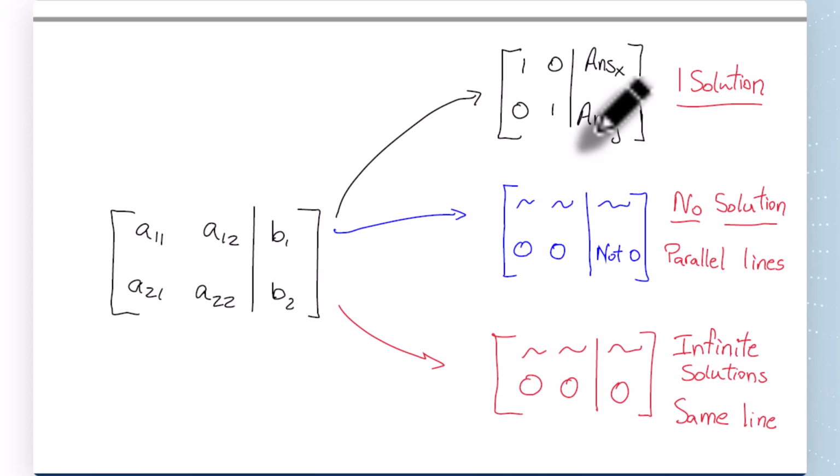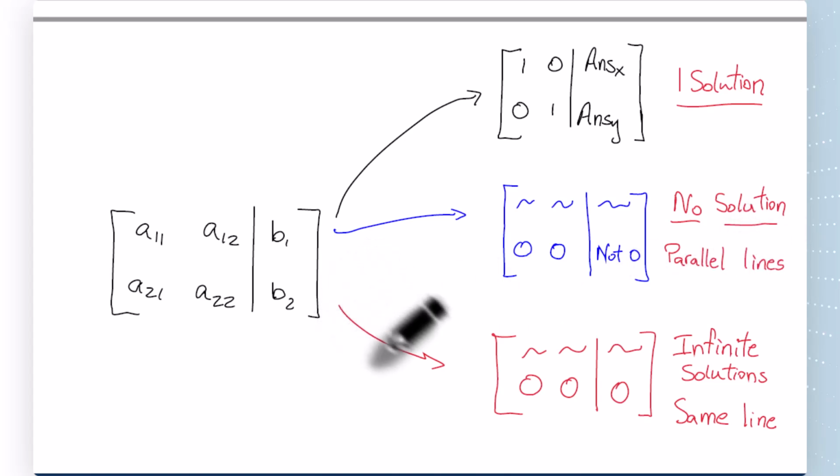But it could happen that in the process, I end up with a row where I get 0, 0, and something not 0. What that tells me is my system of equations has no solution. They will never intersect. They are parallel lines.